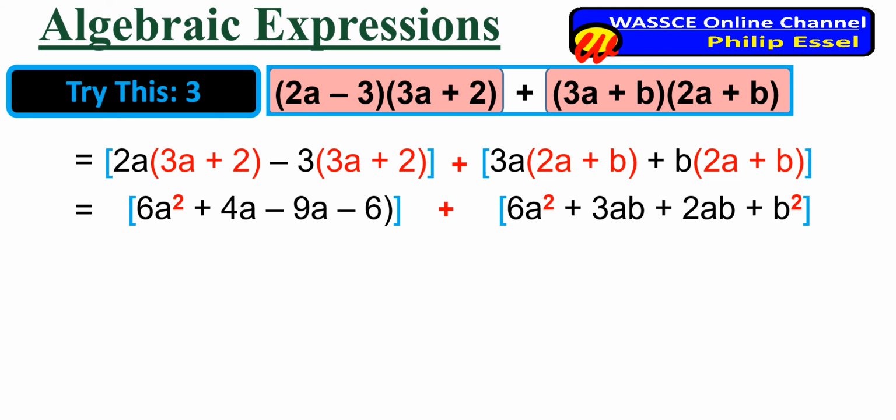At this point, we would have to remove our blue brackets. Remember, we solved individual algebraic expressions separately, so we would have to remove the bracket in order to merge them together. So that's what we are going to do. And like we've already said, we do not just remove them. It's easier for us to remove them if they have positive signs in front of their brackets, that you just remove them.